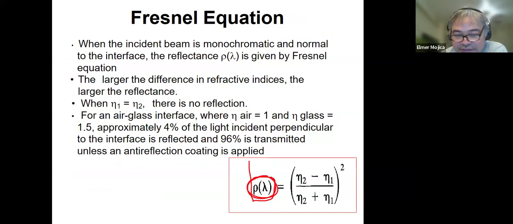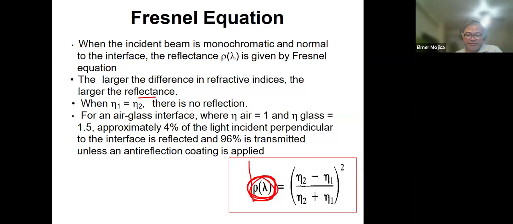So what is this? Based on what I gave in the first slide or second slide about this conservation law. Spectral, what is it? This is your spectral reflectance. So when the incident beam is monochromatic and normal to the interface, the reflectance is given by the so-called Fresnel equation.